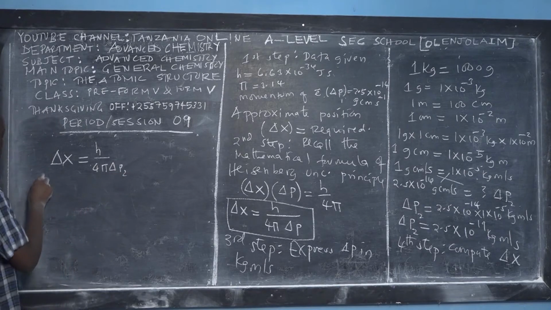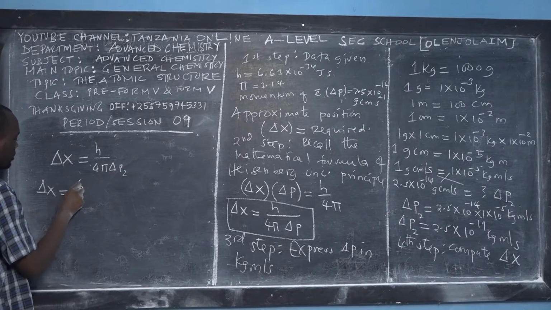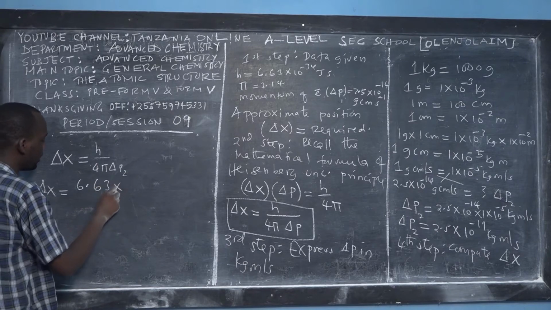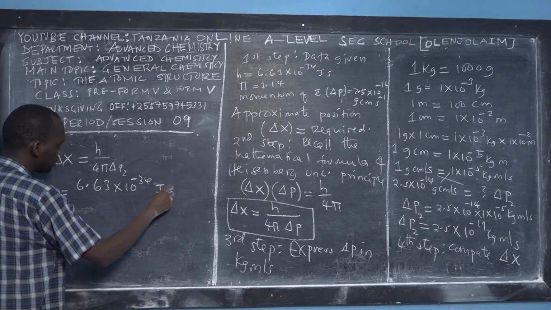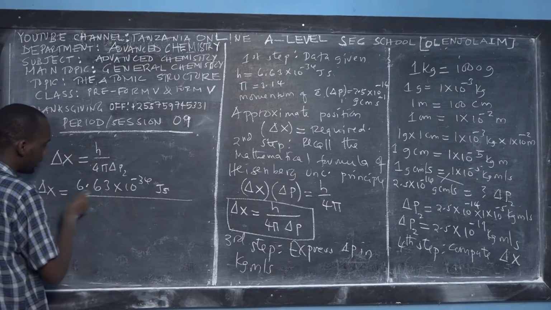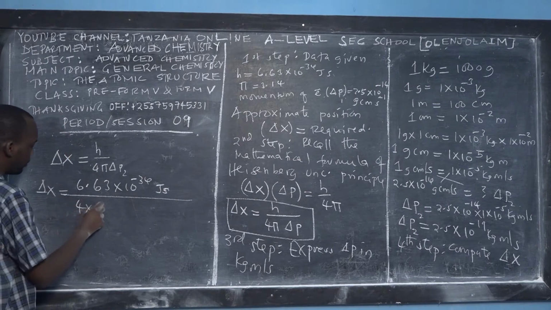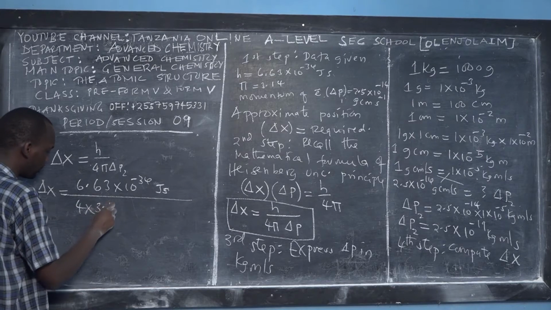So this will make delta x equal to Planck's constant, which is 6.63 exponent negative 34 joule second, and then this is 4 times pi, which will be given as 3.14.